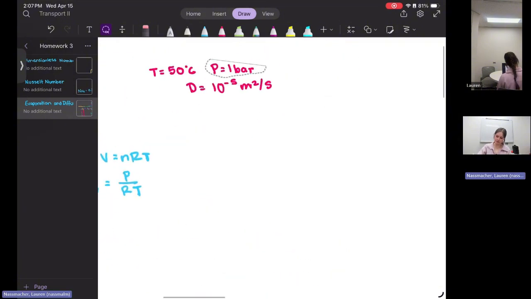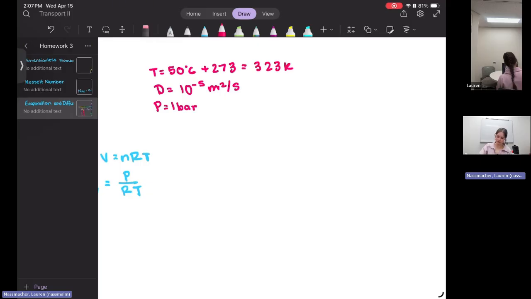Let's convert these numbers to something that will be a little more useful for this problem. Our temperature, we'll convert into Kelvin: 273 plus 50, that's going to be 323 Kelvin. And this 1 bar is equal to 1.013 times 10 to the 5th pascals.